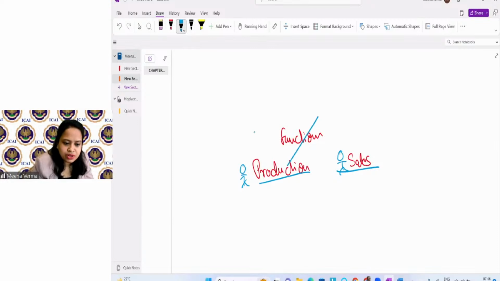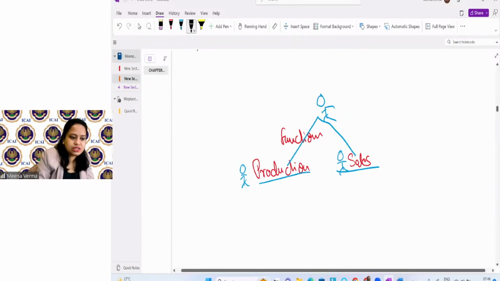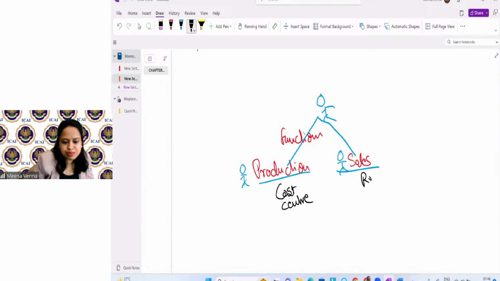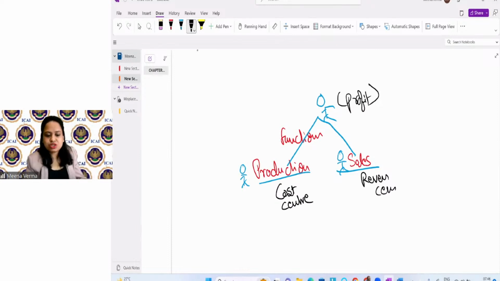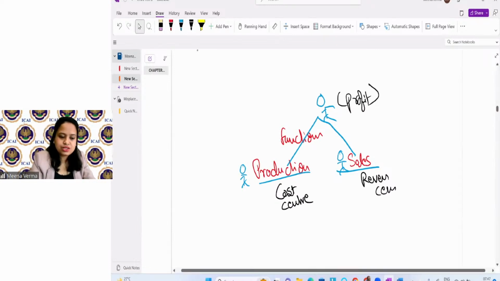For example, a manager above them is responsible for both production as well as sale. So now you can see this will be considered as cost center. This will be considered as a revenue center, this manager or this center. And here this level manager will be considered as profit center, because this manager is responsible to control both cost and revenue. All right. This is profit center.